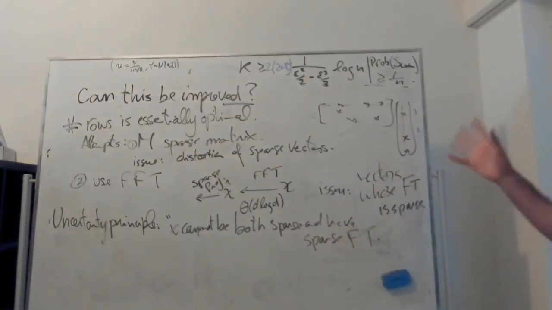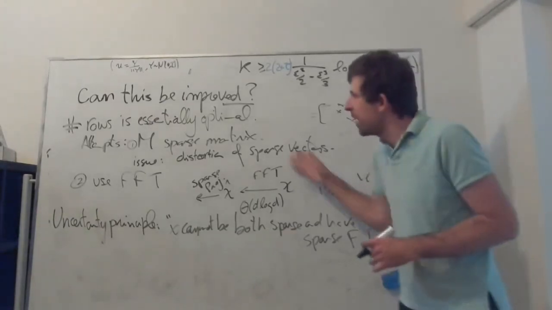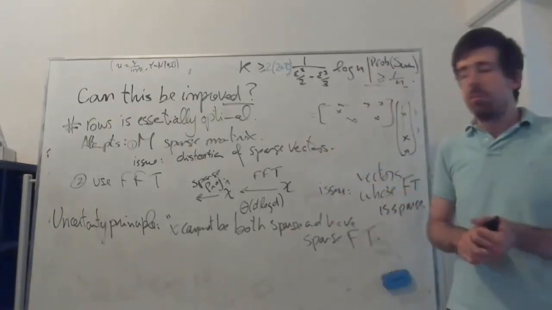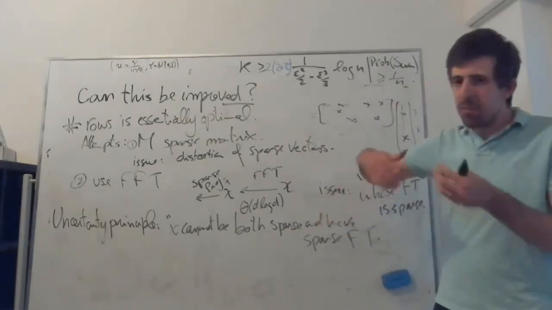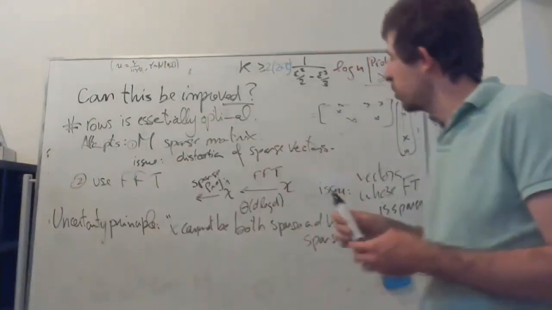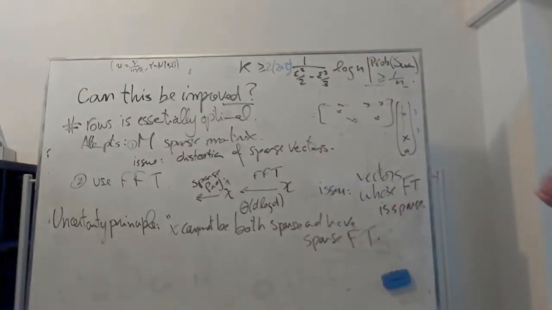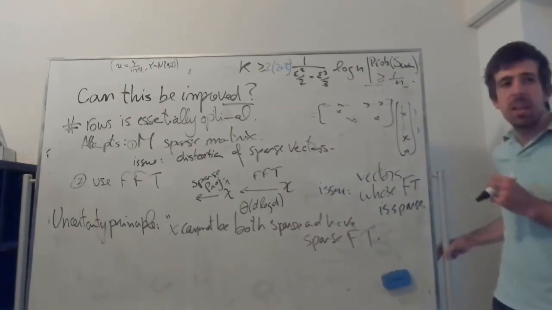And so a vector X cannot have this issue at the same time. And of course, you should think of the vector X as xi minus xj, because that's the vector you want to keep the norm of, and not distort very much. So this can actually be exploited in a really clever way.